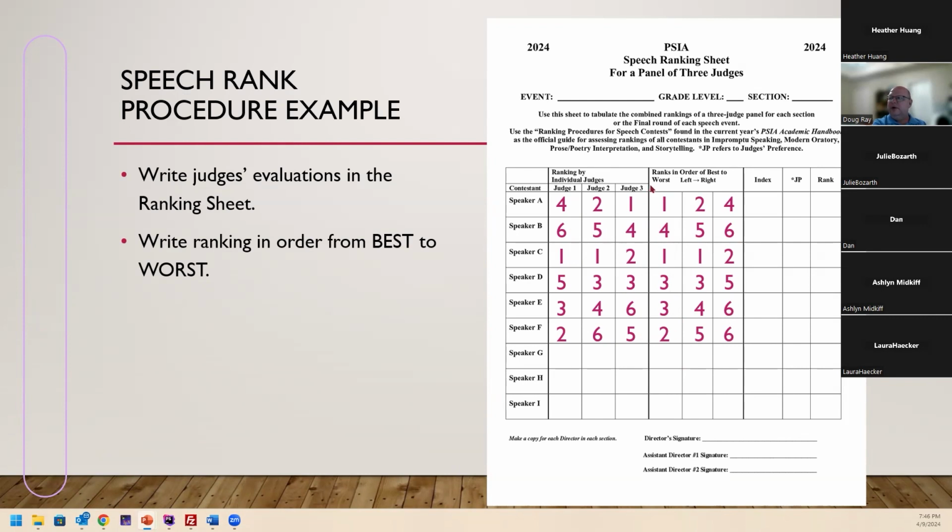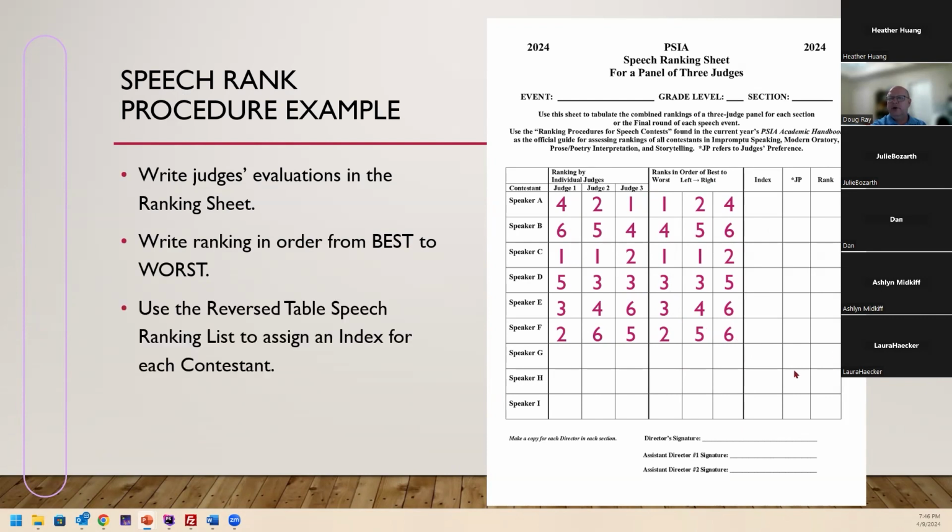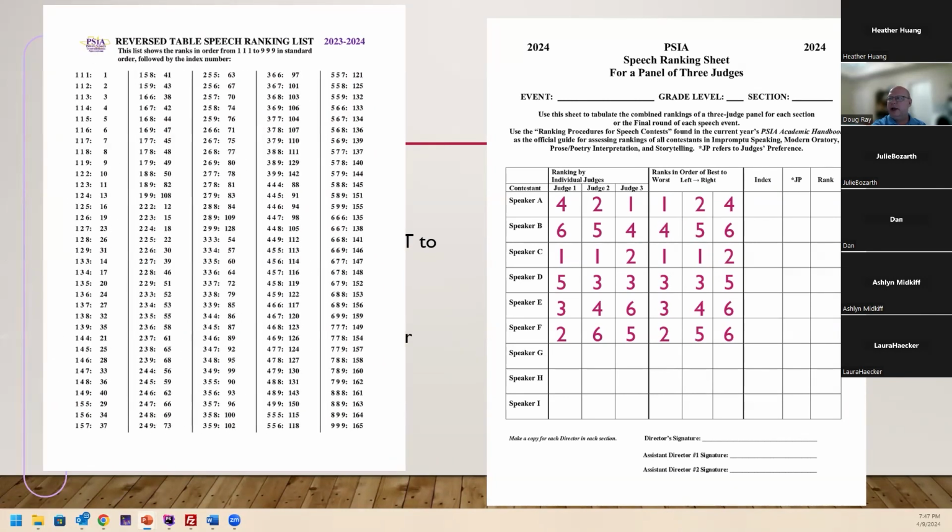These are the numbers in this order that you use to create the index. The index chart is a list of what beats what, right? So let's look at the reverse table speech ranking list and assign the index for each of these rankings. So this will be in your packet, but you look at this list right here.